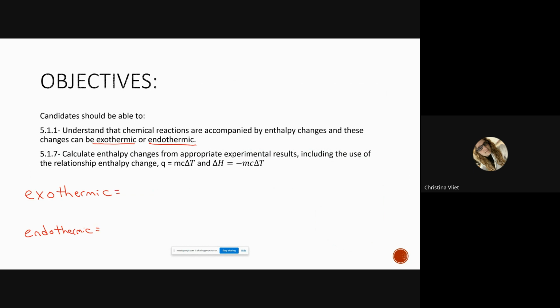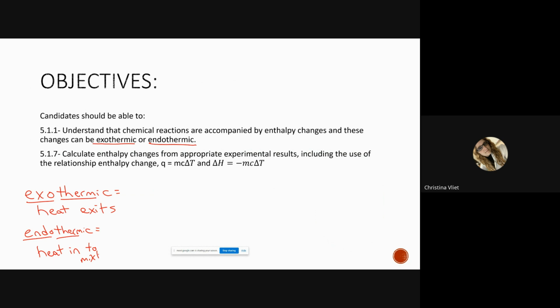Exothermic, at its most basic, is heat exit. Therm, like thermometer. So whatever chemical reaction you have, energy is being emitted. Energy goes out from the reaction mixture. You feel it heat up. That's what we call an exothermic reaction. Endothermic means heat into the mixture.